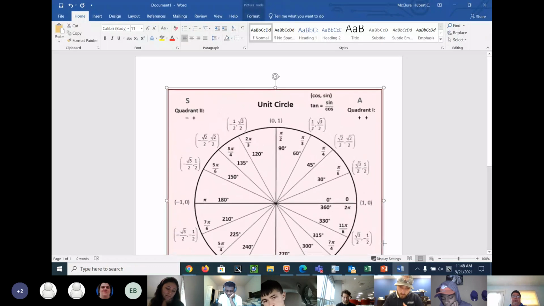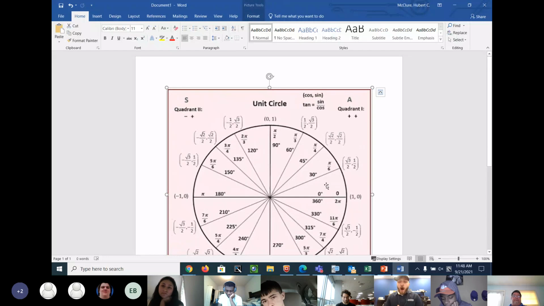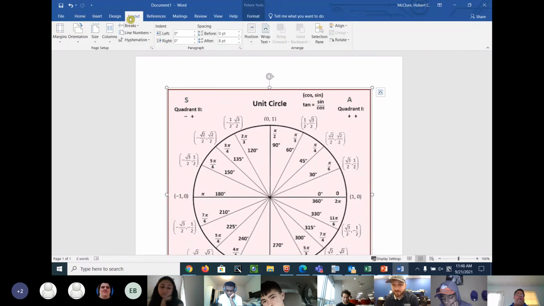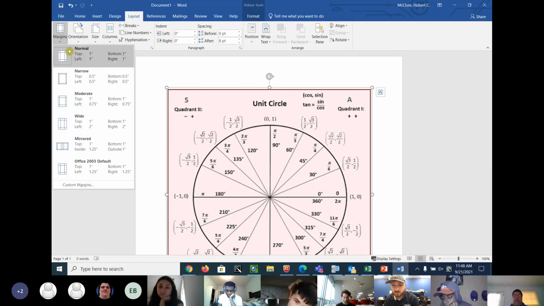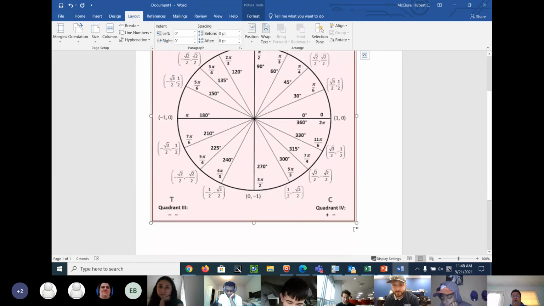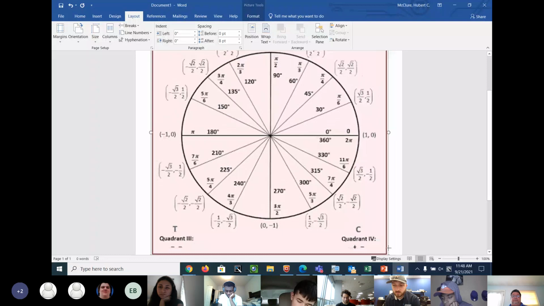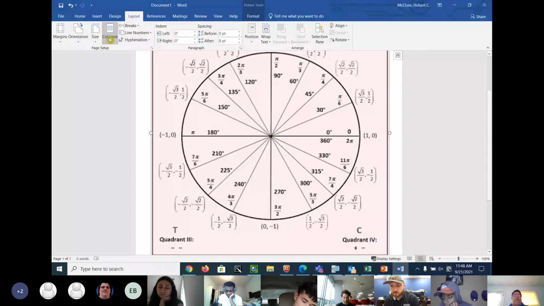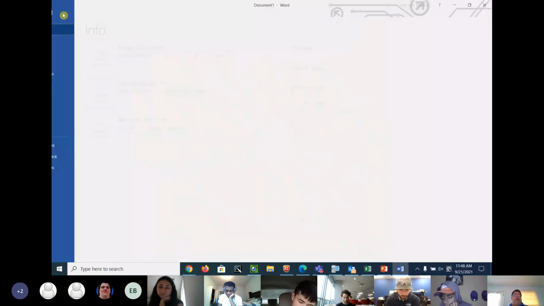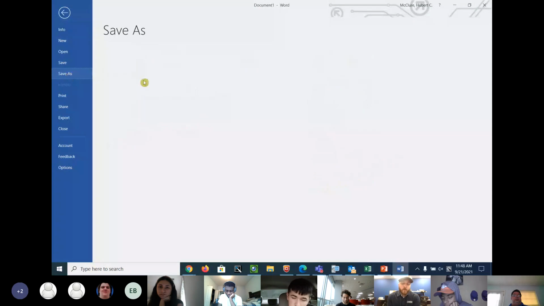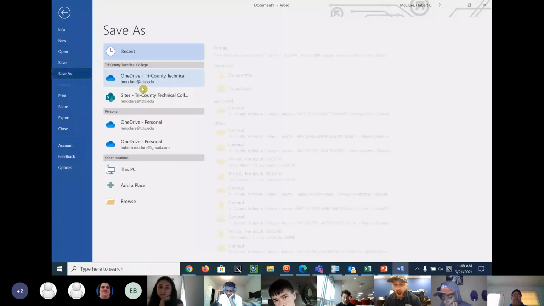Some people won't even print this out. That's why I'm sending it to you, because I know some people aren't even going to fool with it. Not because they've done it themselves, they're just too lazy to print it out. And save that as unit circle.